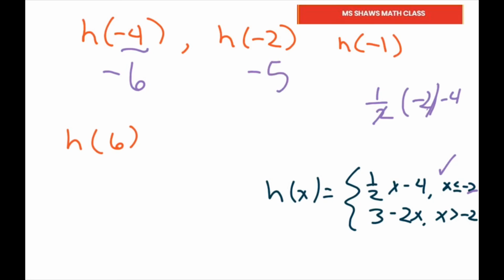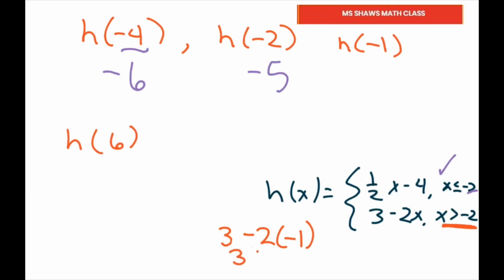If I plug in -1, -1 has to go into this one because -1 is bigger than -2. So we go 3 minus 2 times -1. This is going to be 3 plus 2, which equals 5.